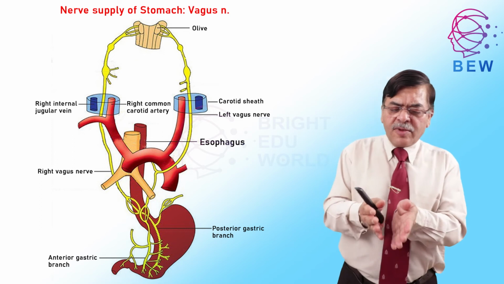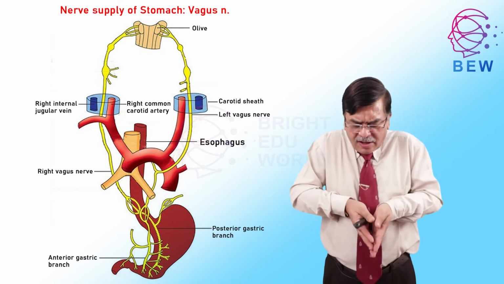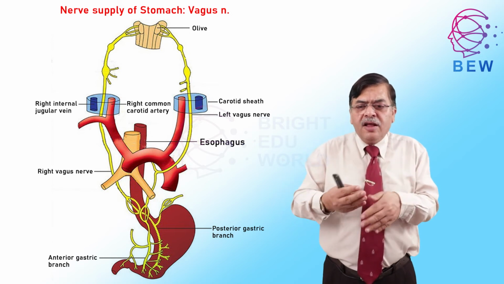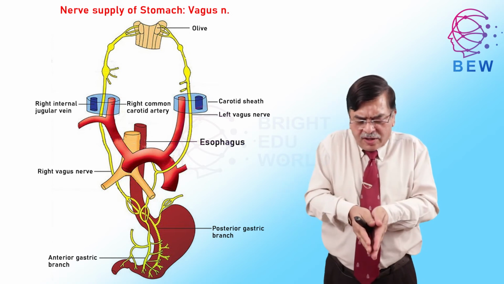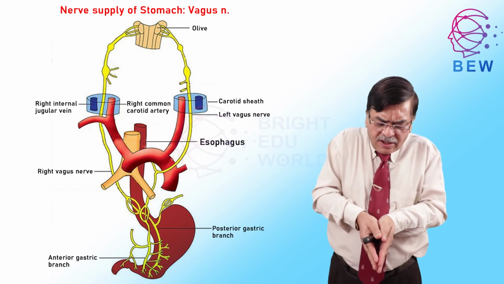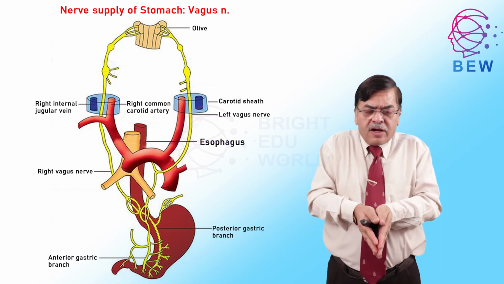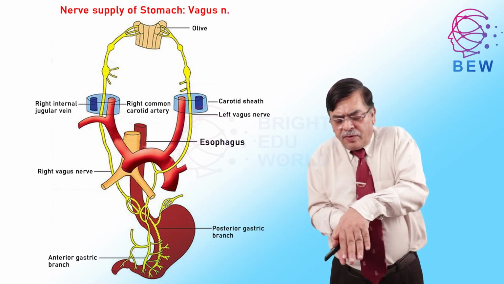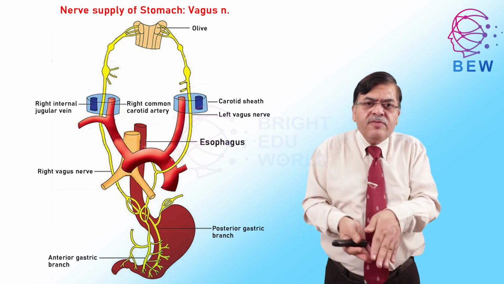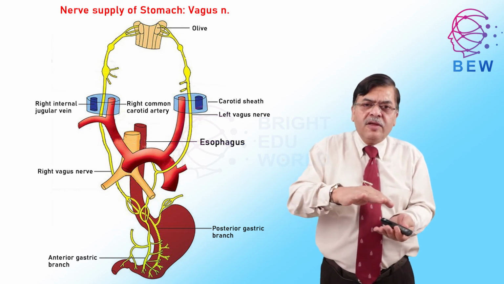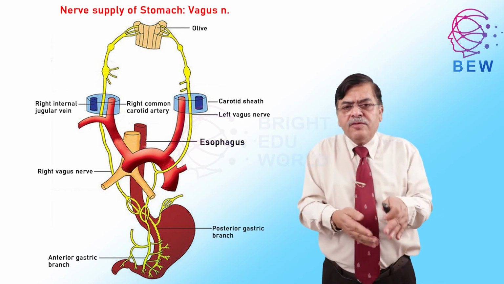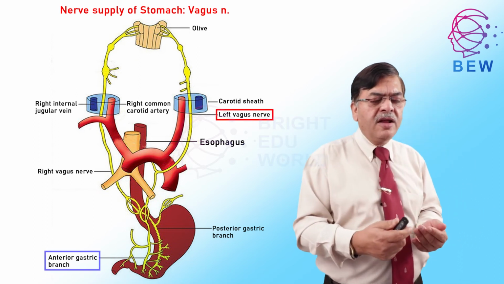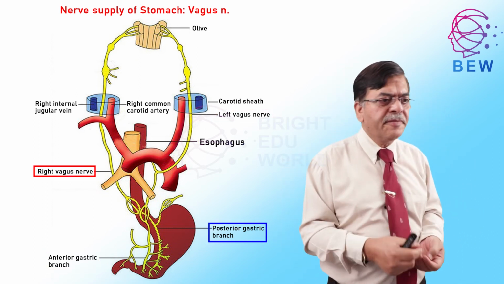You remember the stomach, when it rotates like this, in the embryonic condition it is like this, and then it rotates like this. So what was initially left becomes anterior, and what was initially right becomes posterior. Similarly, the left vagus is anterior and the right vagus is posterior.